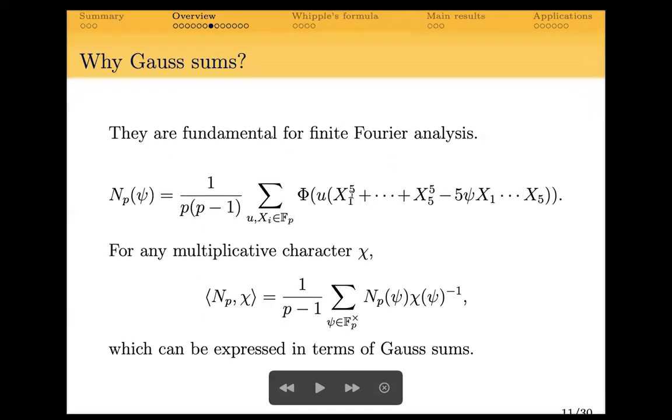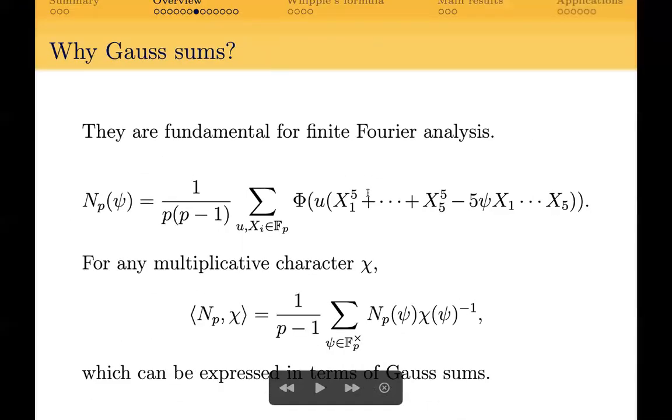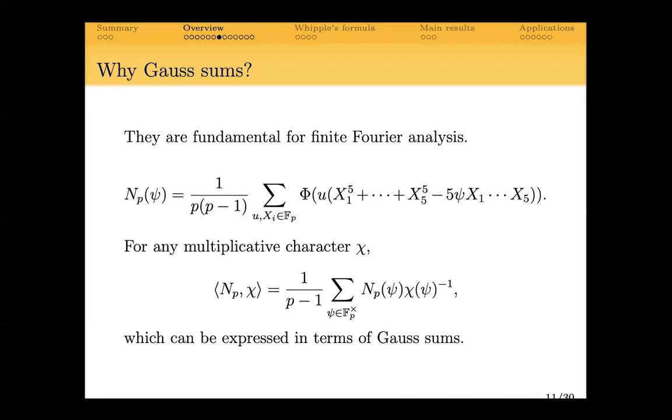On the other hand, if the x_i I choose give me a right solution, it doesn't matter which u I pick, the value is always 1. So it's actually giving me a delta function for computing the number of solutions. And the p minus 1 is due to the conversion from the homogeneous model to the affine model over here.